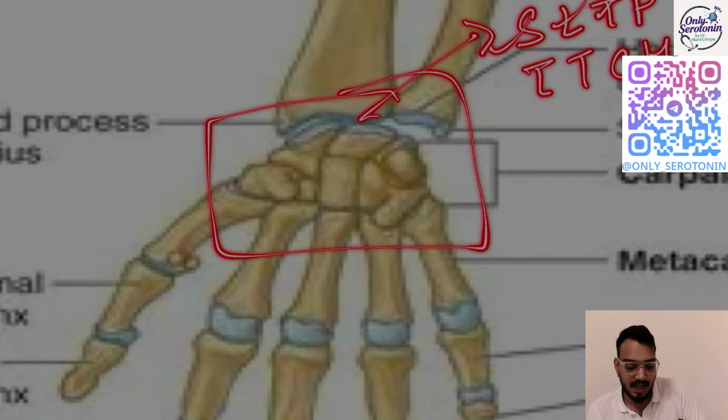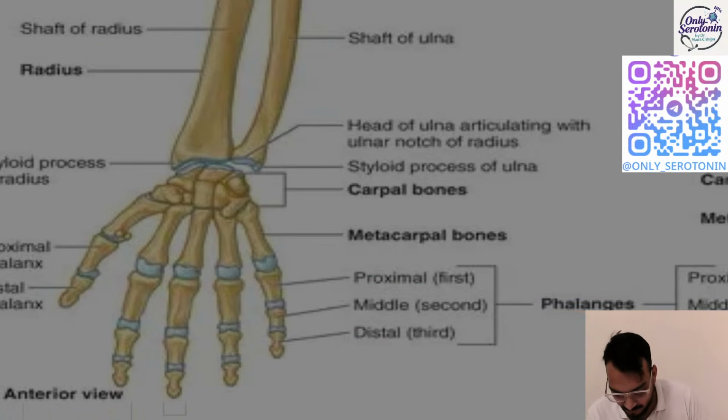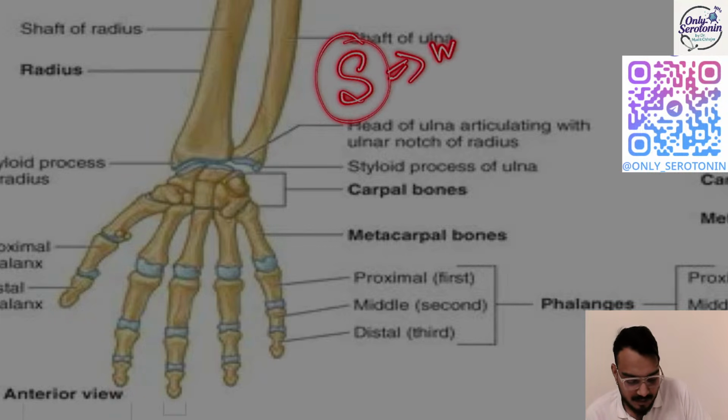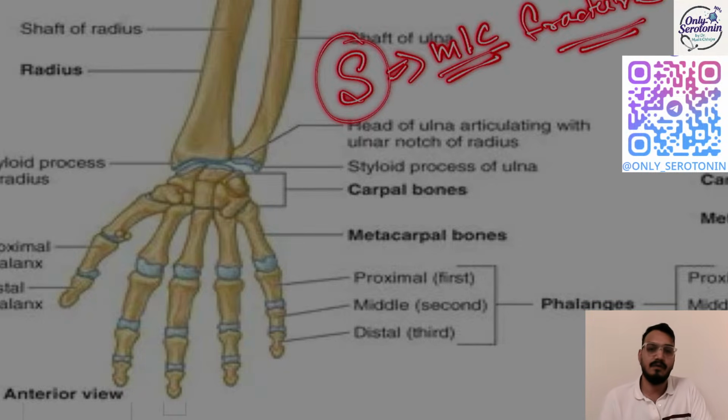Scaphoid, lunate, triquetrum, pisiform, trapezium, trapezoid, capitate, and hamate. Important here: first, we have the scaphoid. Scaphoid is the most common hand bone which will get fractured. Then we have lunate.